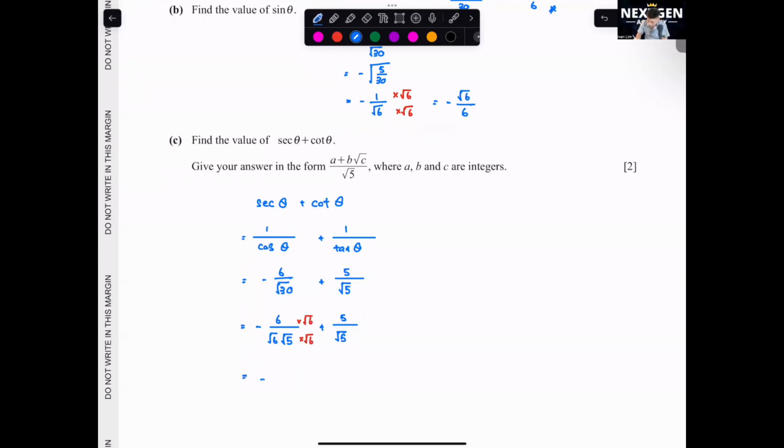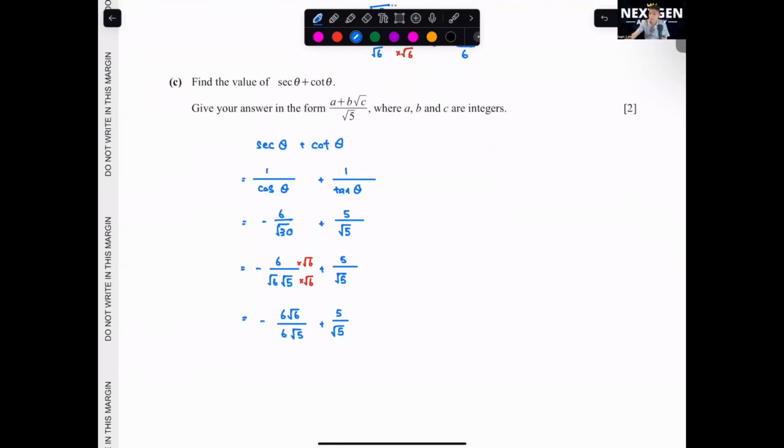This will be minus 6 root 6 over 6 root 5 plus 5 root 5. The 6 and 6 will cancel off, this one cancels off, and we'll get 5 minus root 6 over root 5.